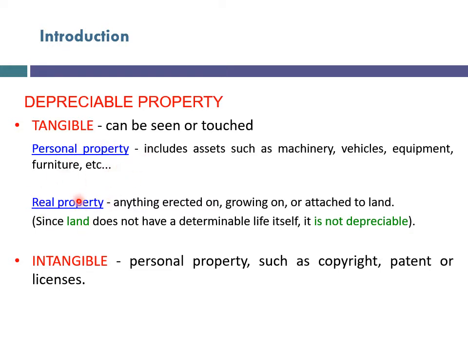And the real property is anything that is erected on, growing on, or attached to land. Since the land itself does not have a determinable life, it is not depreciable. So the land is not depreciable, but the real property is anything that is attached to this land. So these are tangible properties.